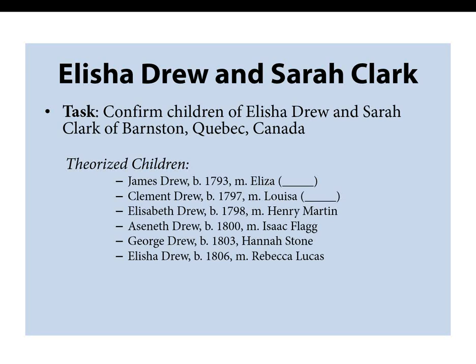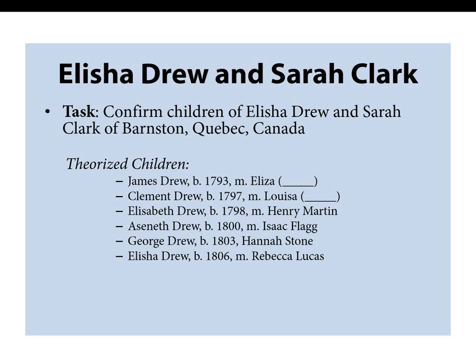And what she did uncover is that several of these Drew family groups moved to the eastern townships of Quebec. And in 2016, Carol hired research services to identify and obtain some notarial records for these Drews. So in particular, one of her goals was to determine the children of Alicia Drew and Sarah Clark here. And here we can see these were the theorized children that Carol had put together through all of her hard work.